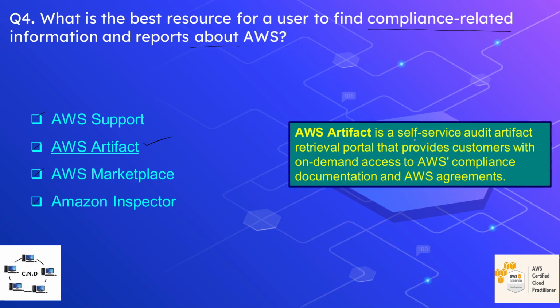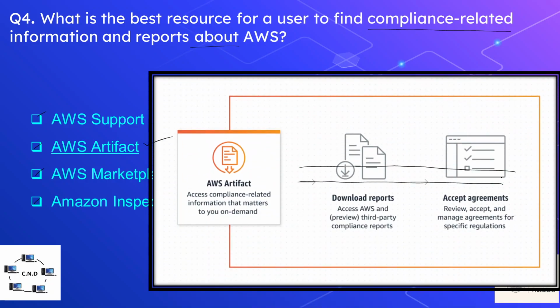So AWS Artifact is a self-service audit artifact retrieval portal that provides customers with on-demand access to AWS compliance documentation and AWS agreements. And this is a visual of what AWS Artifact is.